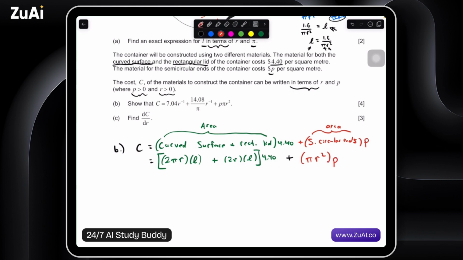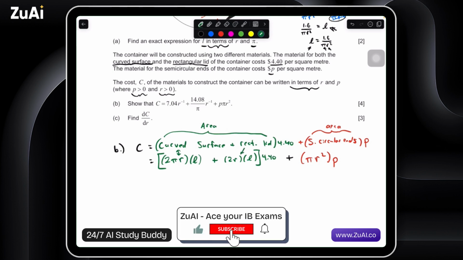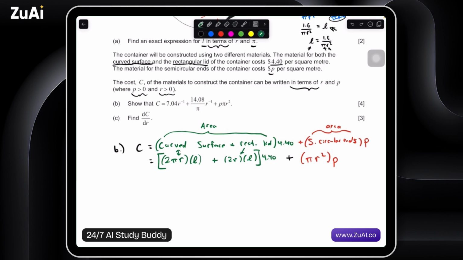So good challenge so far. This is area of the curved surface, 2 pi r times h. h is itself L. Rectangular surface is just the dimensions of a rectangle, 2r times L. This is the total area right here, and it is 440 per square meter. This is our 2 semicircular ends. 2 half circles make a whole circle.